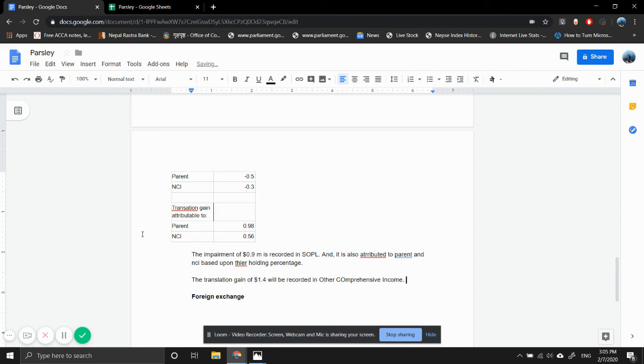It is also attributed to parent, so out of this dollar 1.4 million, parent will get 0.98 million and NCI 0.56 million.